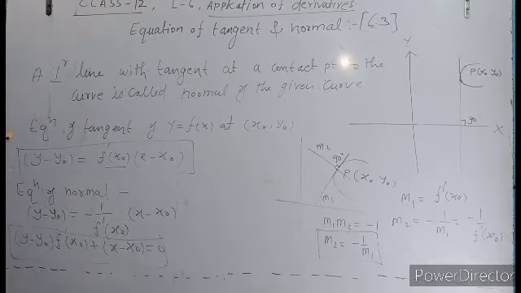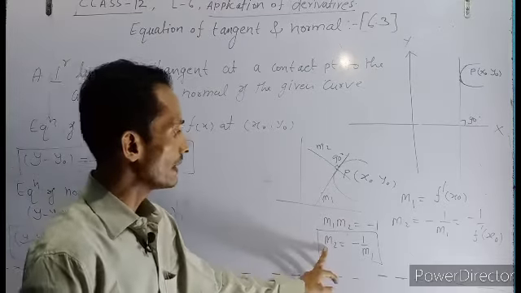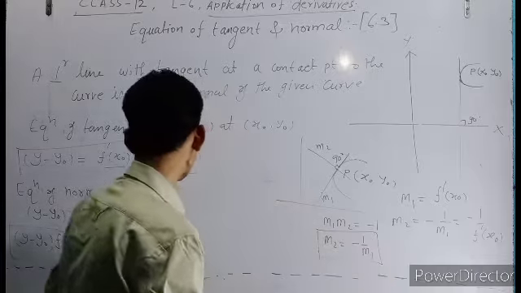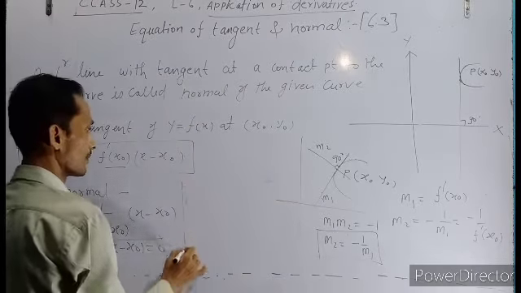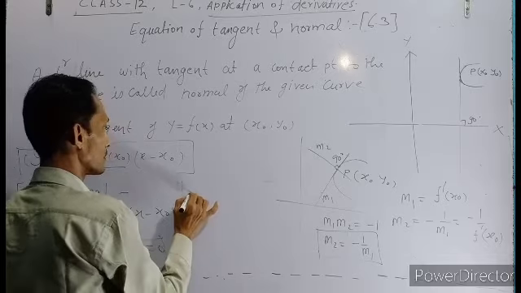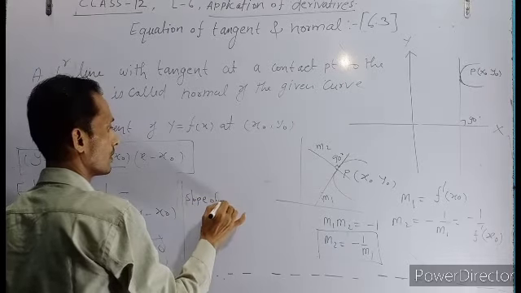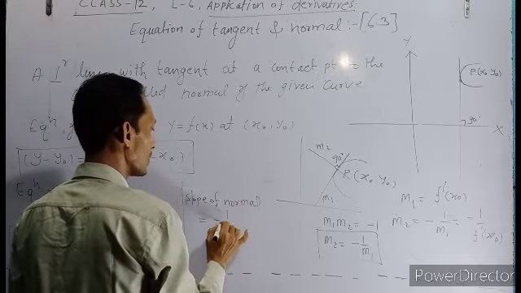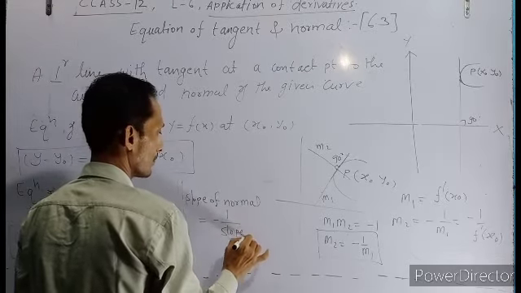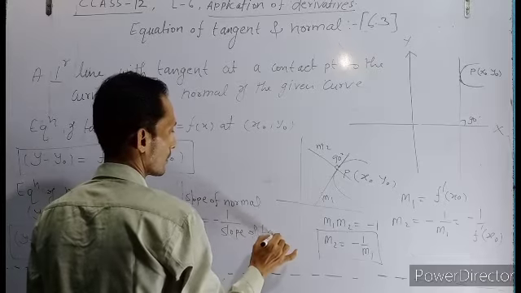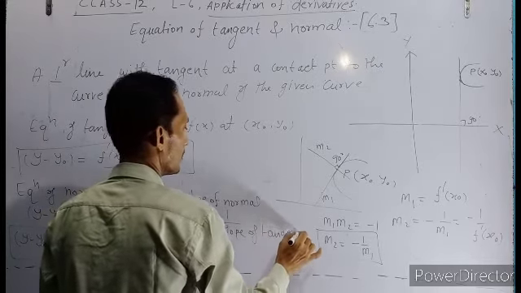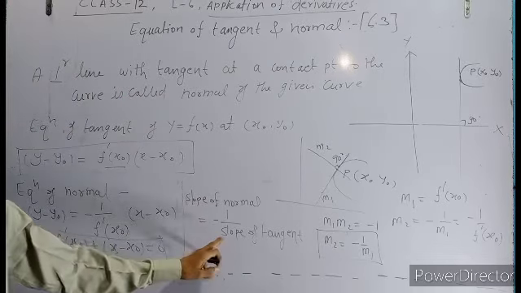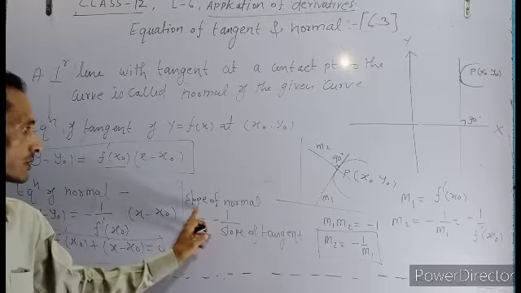Always remember this: the slope of the normal equals minus 1 upon the slope of the tangent. If we know the slope of the tangent, we can find the slope of the normal.